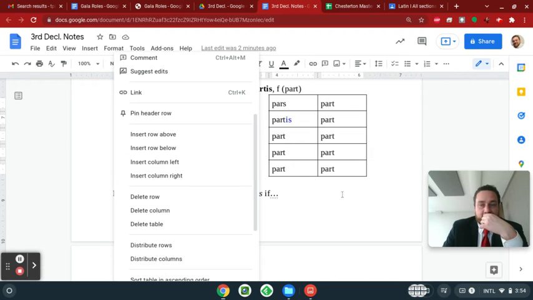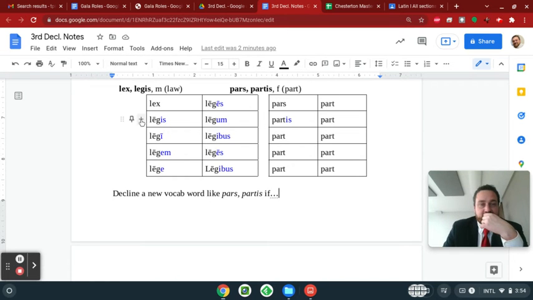I did not do that, but if you could do nominative, genitive, dative, accusative, ablative when you make your charts, that would be most helpful. And lex legis is the word law, and you had to decline that on your last test.